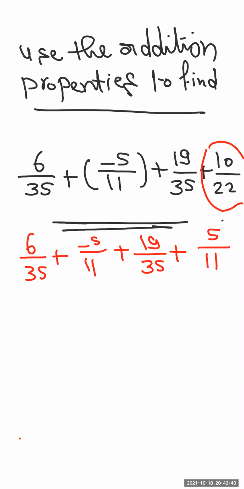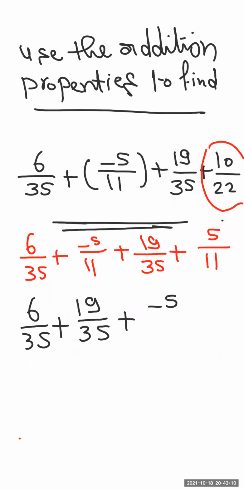Now, guys, how to solve this question? The first step is to rearrange the numbers. I will write 6 over 35 plus 19 over 35, so that the two numbers with the same denominators become side by side, then plus negative 5 over 11 plus 5 over 11.